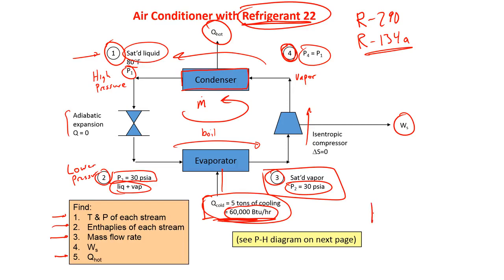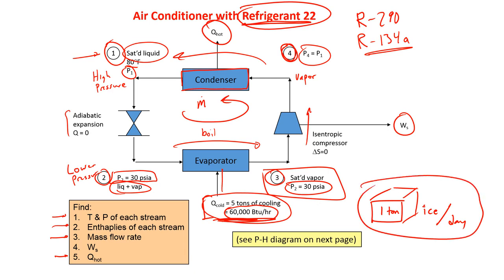A ton of cooling is how much refrigeration you would need to make 1 ton of ice per day. So if you have 5, then that means you'd be making 5 tons of ice, and that is equivalent to an energy rate. If you distributed that energy consumption out over the day, it'd be 60,000 BTUs per hour.